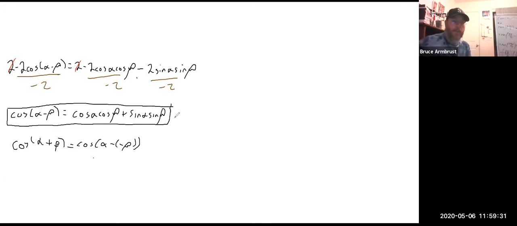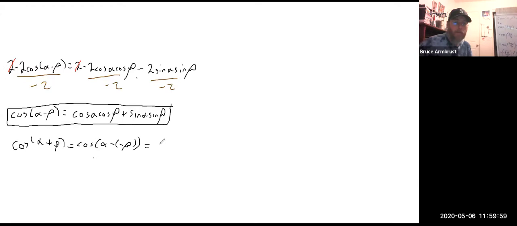This is another super awesome trick in the math world: turn addition into subtraction. That allows me to actually use this identity. But everywhere there's a beta, I'm going to put negative beta, because I'm actually subtracting the negative beta.